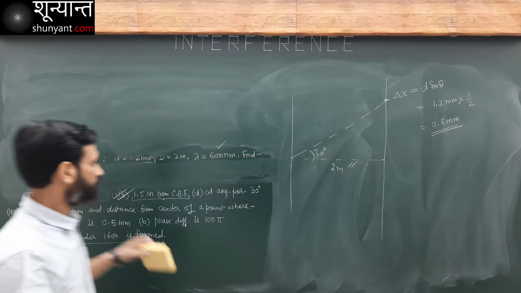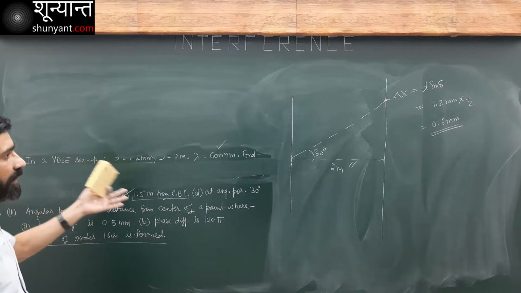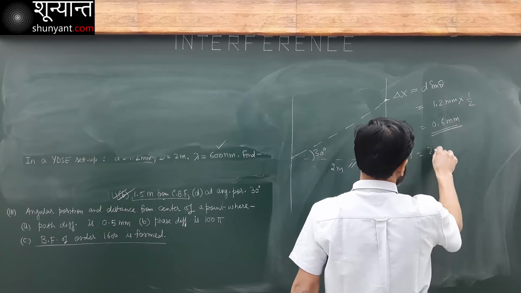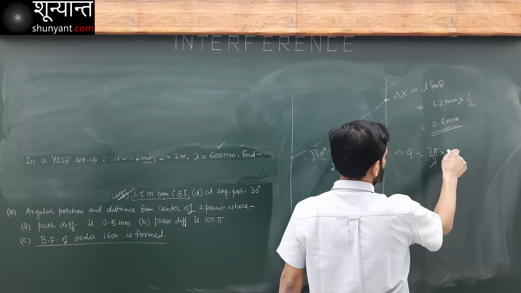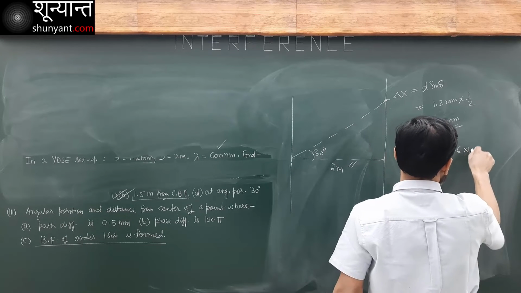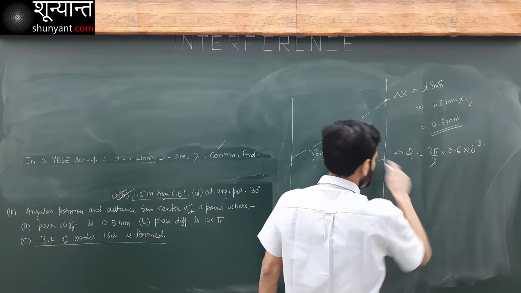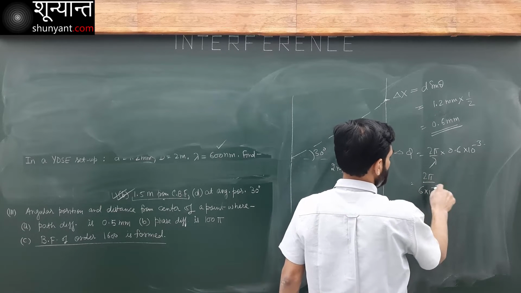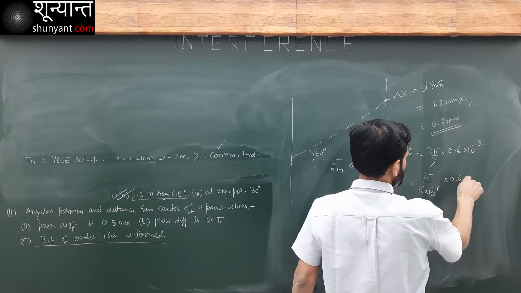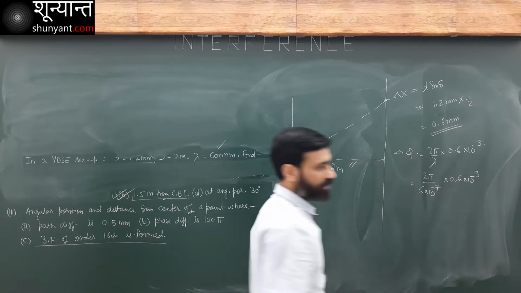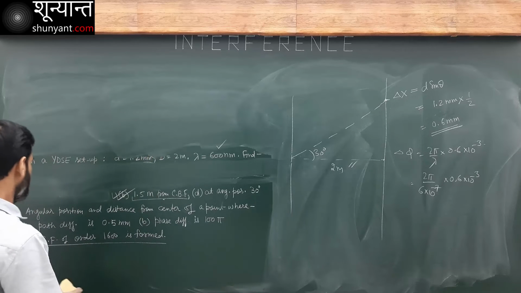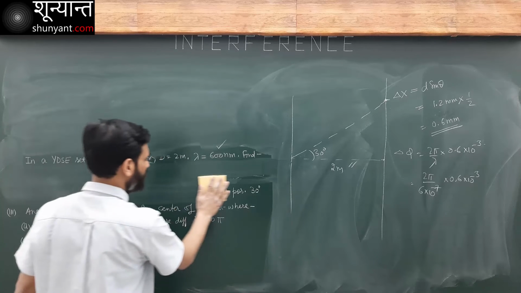Then I can find the phase difference: 2 pi over lambda times 0.6 times 10 to the power minus 3, in millimeters. So 2 pi and 6 times 10 to the power minus 7, and 0.6 times 10 to the power minus 3. And then you can decide whether it is going to be a bright fringe or a dark fringe.